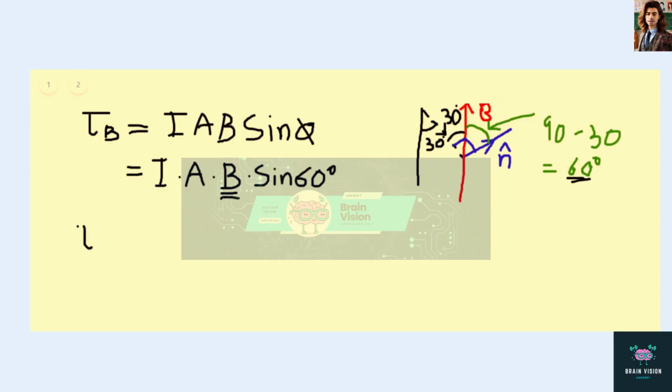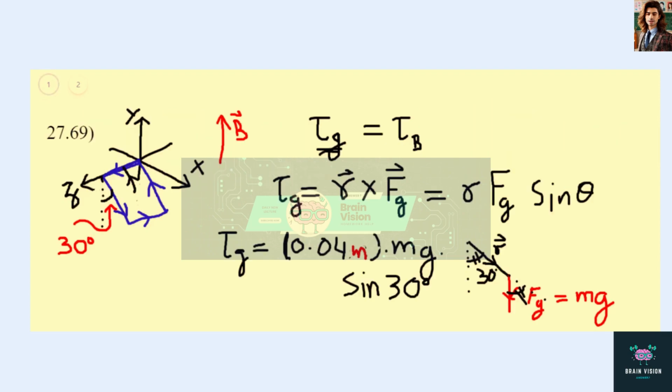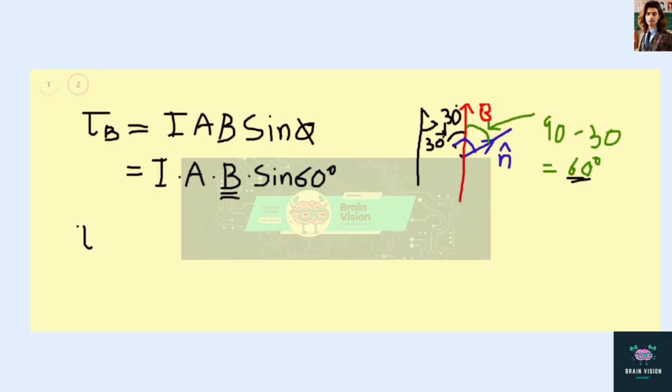As I said before, I want to equate the torque due to gravity to the torque due to the magnetic field. Let's write that out.